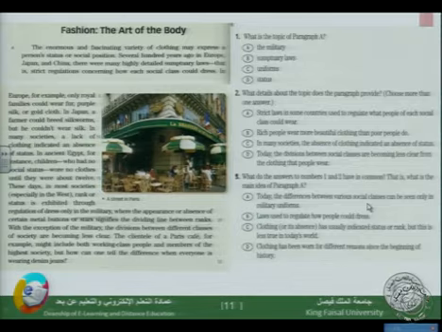Okay, let us now read together the following passages and try to answer the questions. First of all, A. What is the topic of paragraph A? The enormous and fascinating variety of clothing may express a person's status or social position.